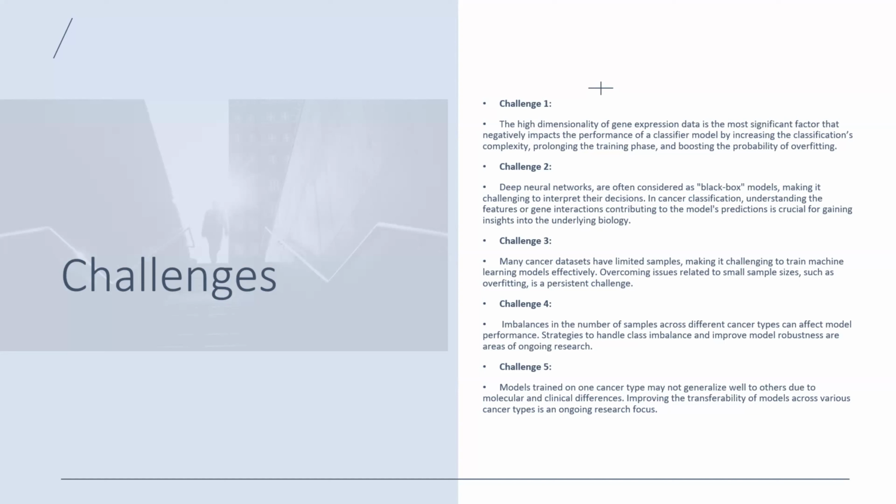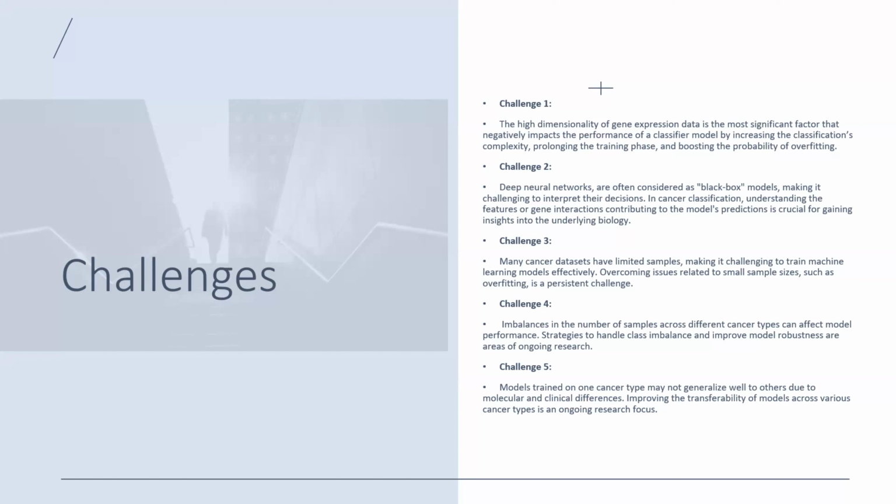Additionally, many cancer data sets have limited samples, which is one of the issues. The number of samples is very small compared with other data sets, but the number of features is very high. This is very challenging for training a machine learning model to make its decisions, and mostly related to a small sample size, such as overfitting.